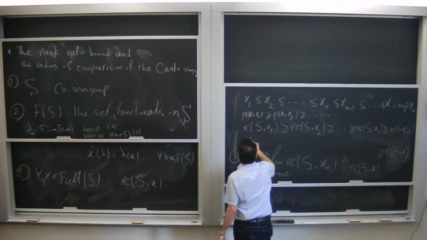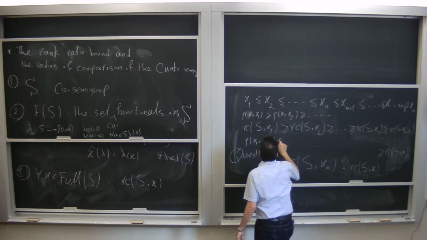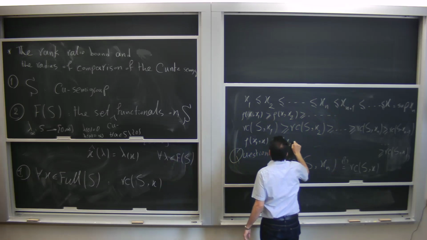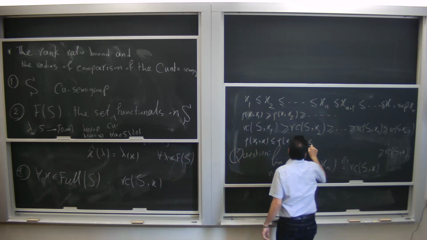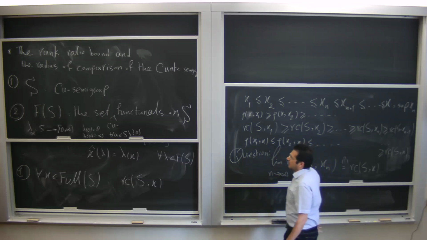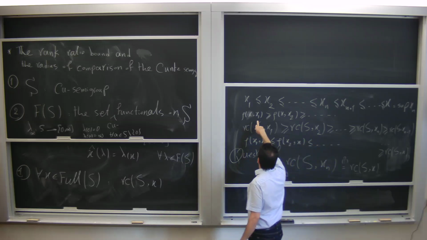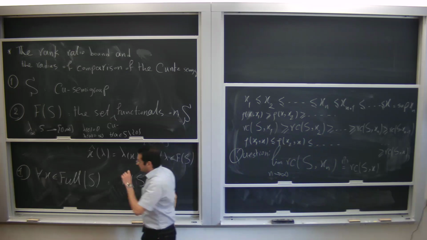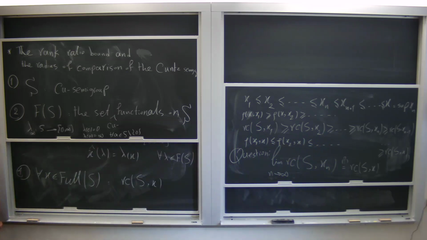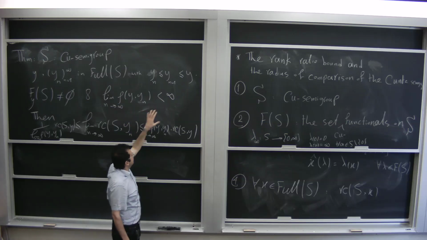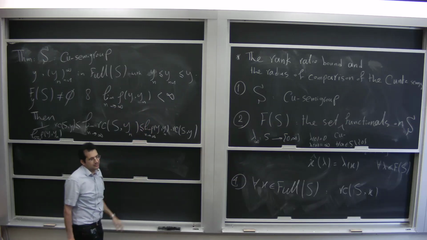If I change this, rho of x1 and x is less than or equal to rho of x2 and x, and so on. So therefore, this sequence I have here is decreasing, right? And because this limit is finite, therefore the limit really exists.